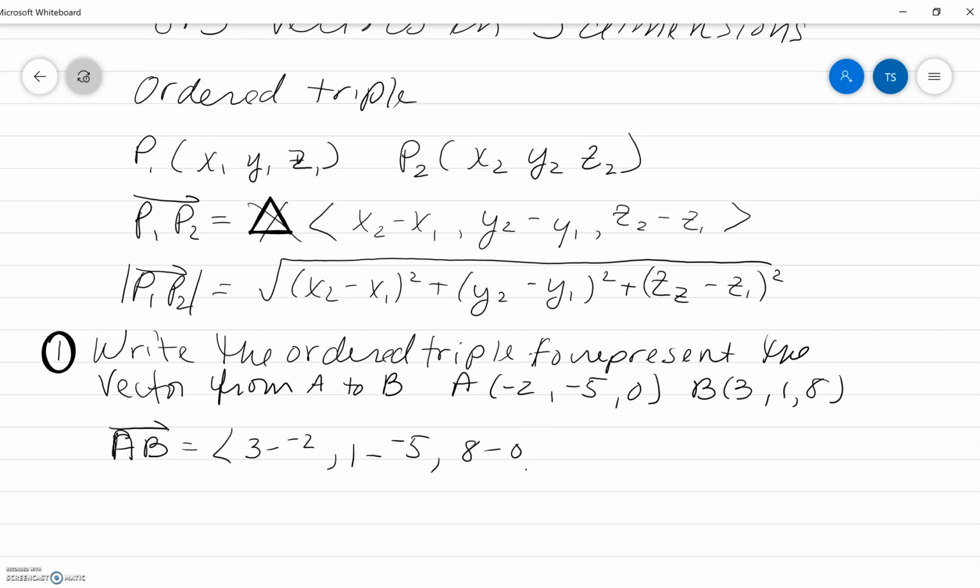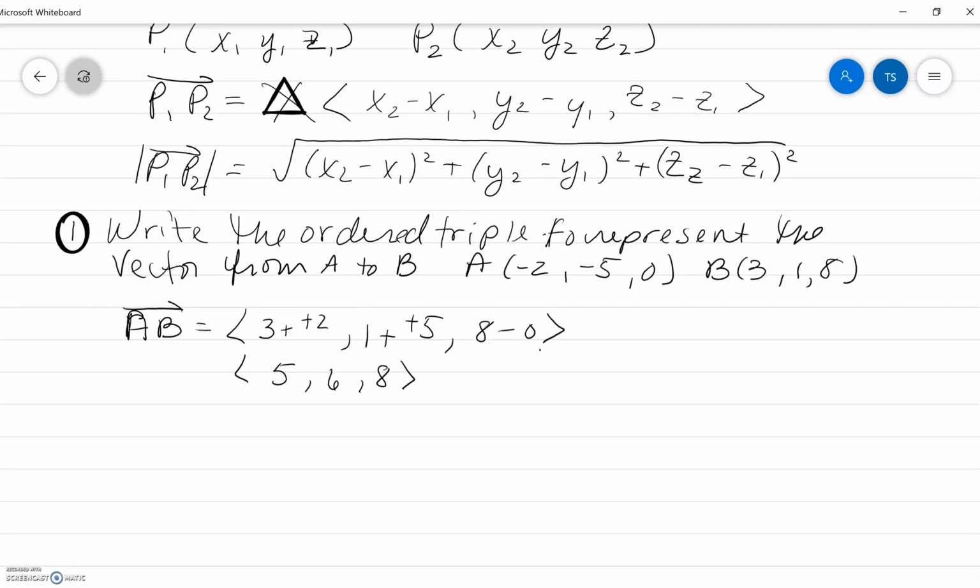So we're going to make that plus a positive, make that plus a positive. And the ordered triple to represent this vector is 5, 6, 8.